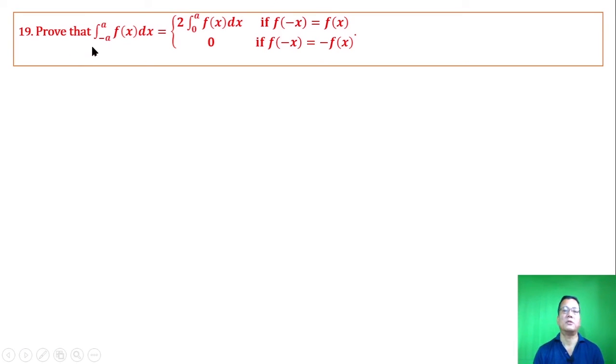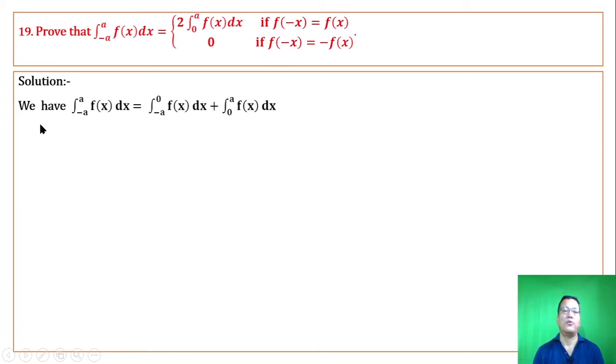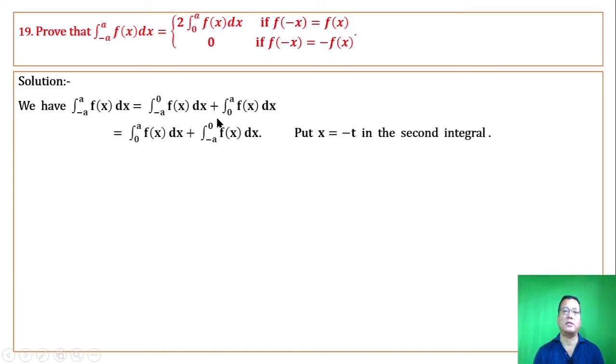Prove that this property holds. We have the integral of f of x dx from minus a to a. Split this definite integral into two parts, from minus a to 0 and from 0 to a. In the first integral, put x equal to minus t, so dx is minus dt, and change the limits: when x equals minus a, t equals a, and when x equals 0, t equals 0.